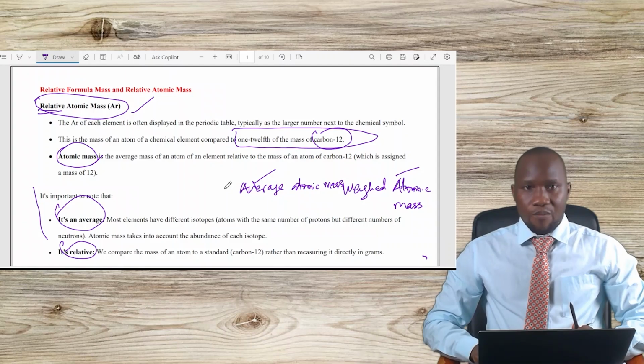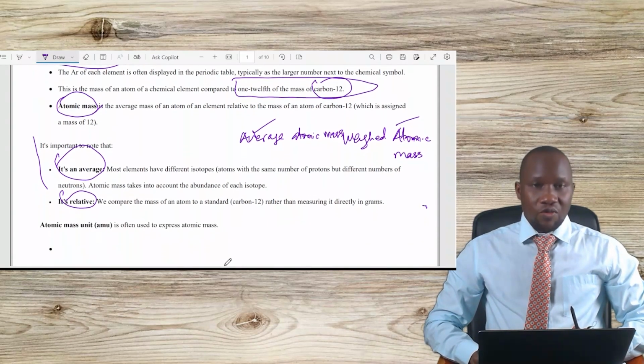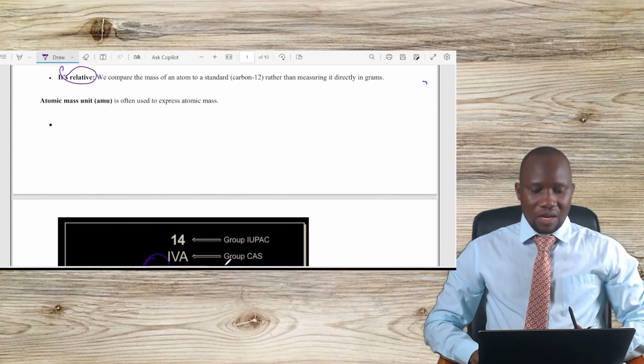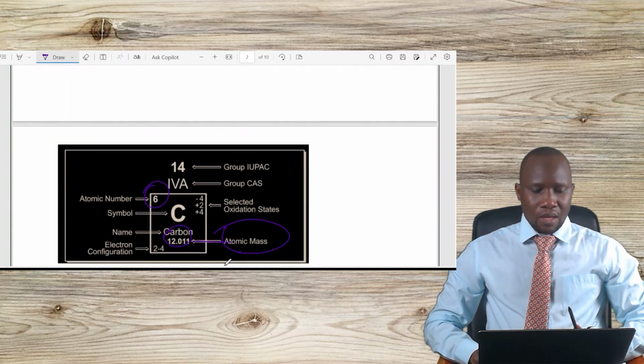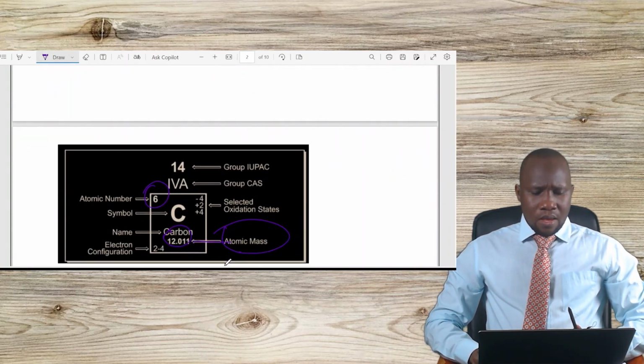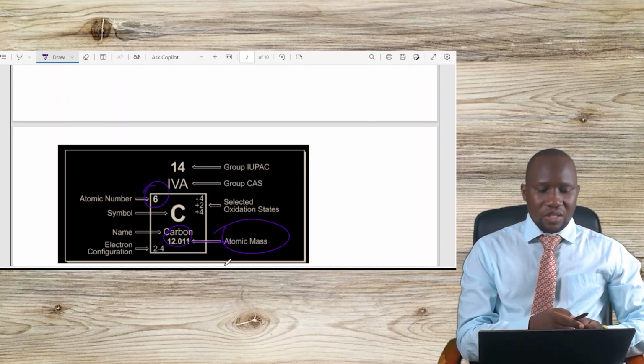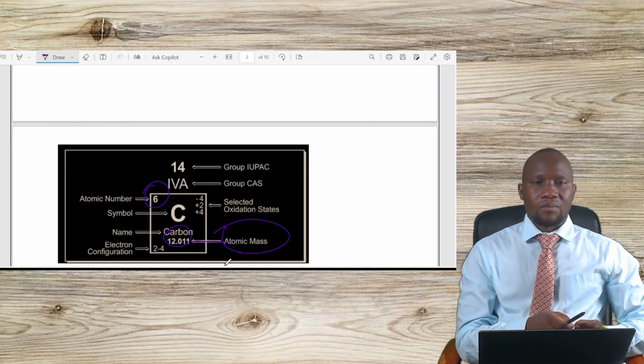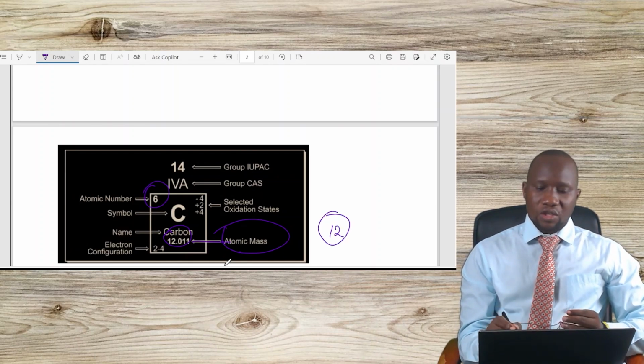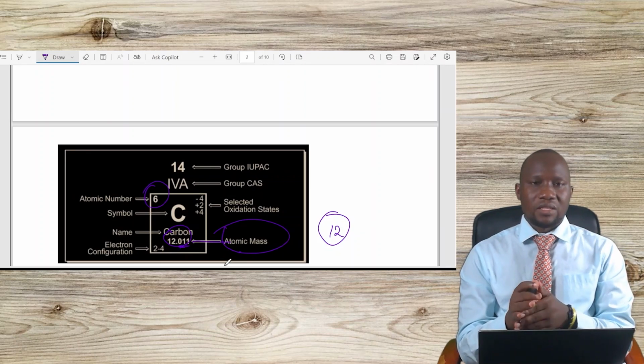Let's check that for carbon again, and see if we have decimal points there. Yes, you can see carbon is 12.011, but in your calculations you always use 12. You don't need to use the whole figure.